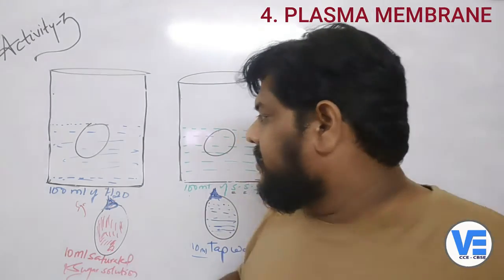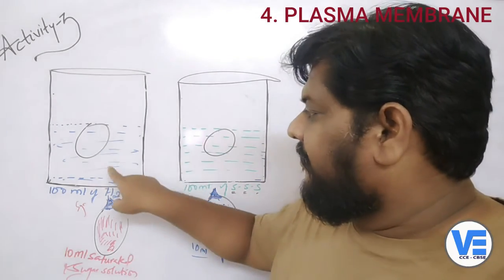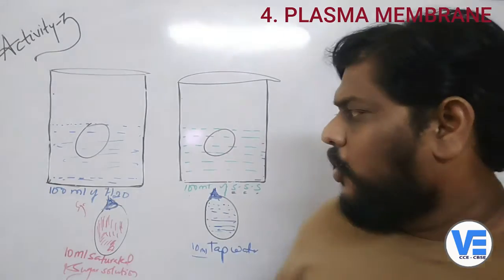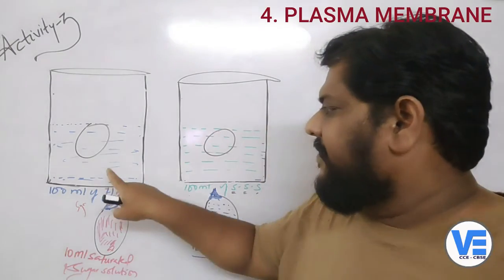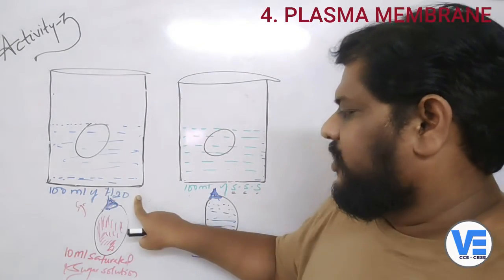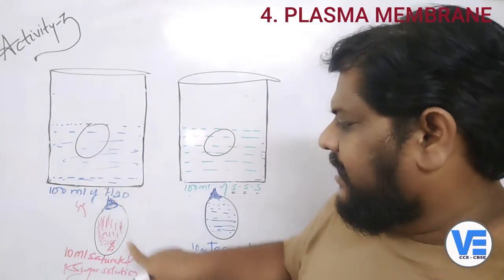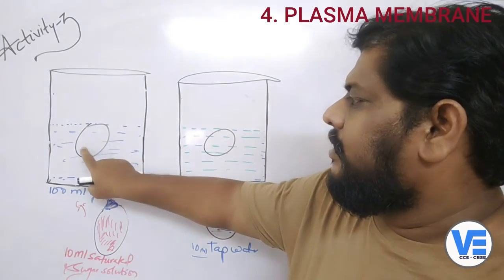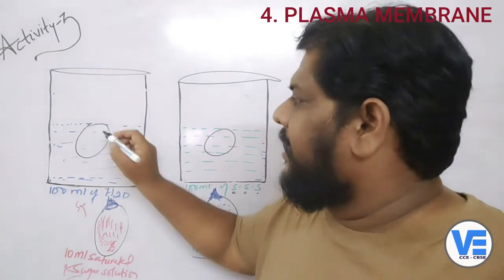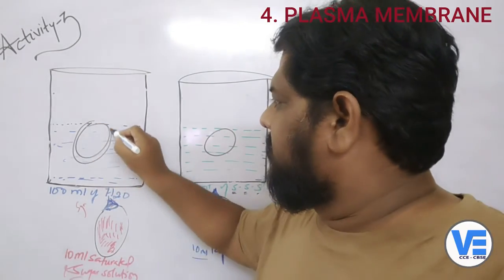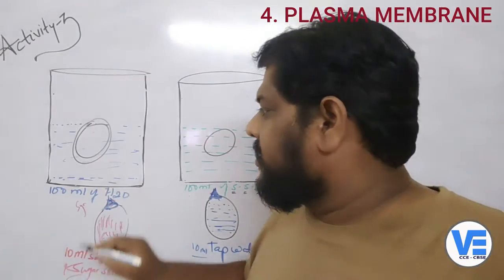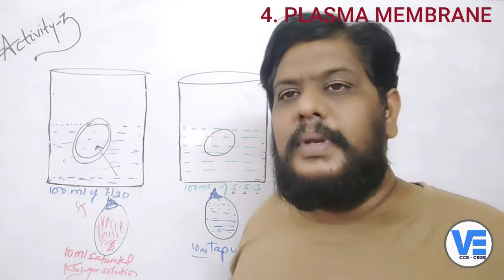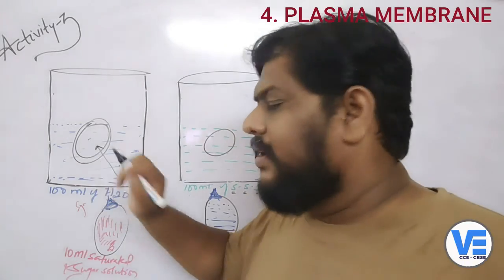Here in the first beaker, where we have 100 ml of H2O and 10 ml of saturated solution, this particular membrane will get swollen, it will swell because there is entry of water from the beaker into the membrane. So definitely it will swell.